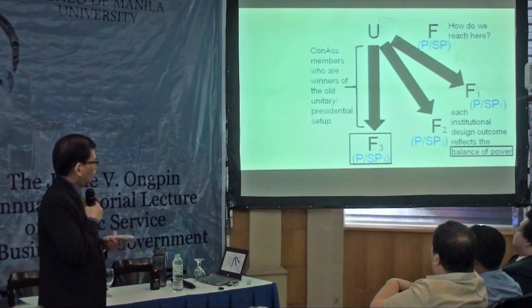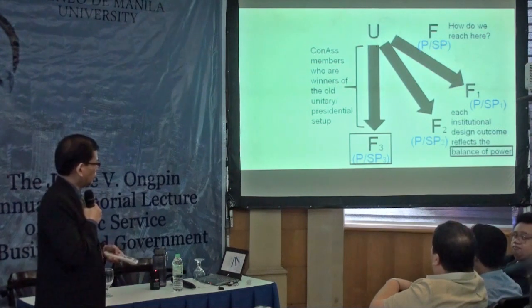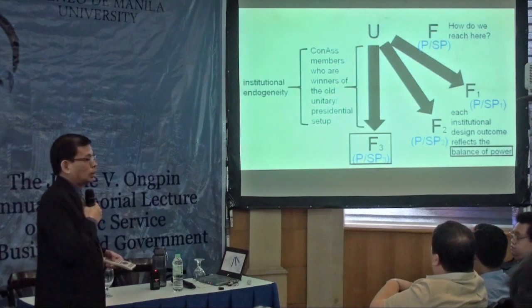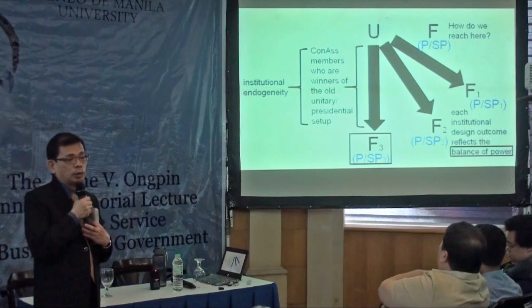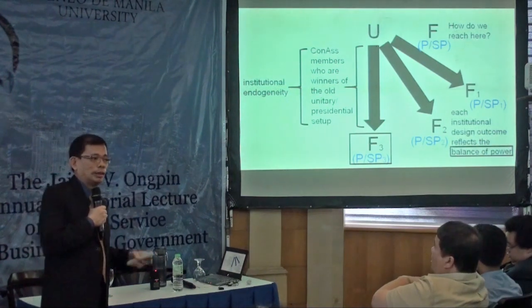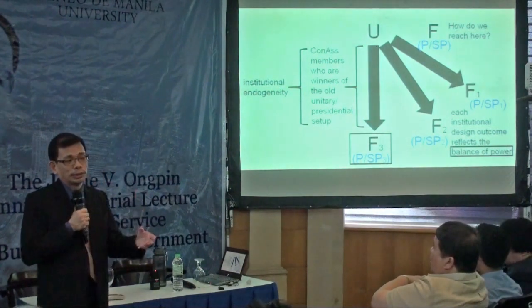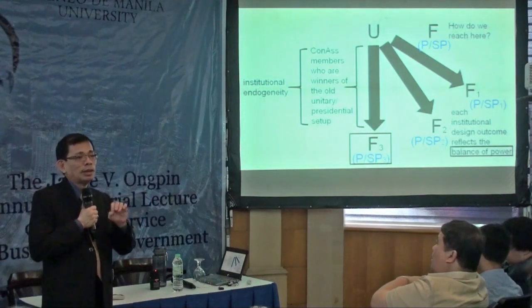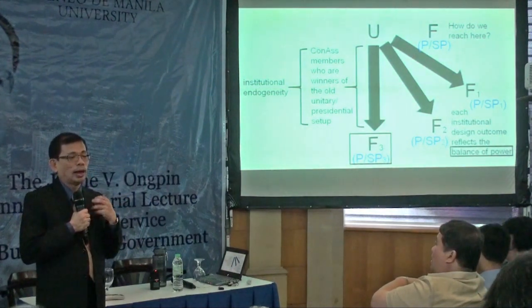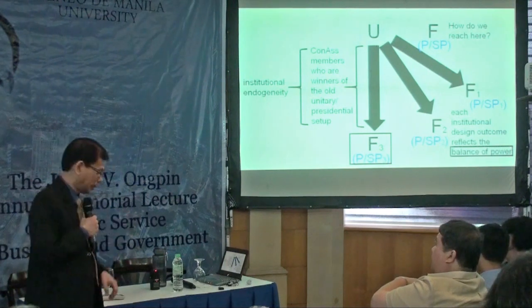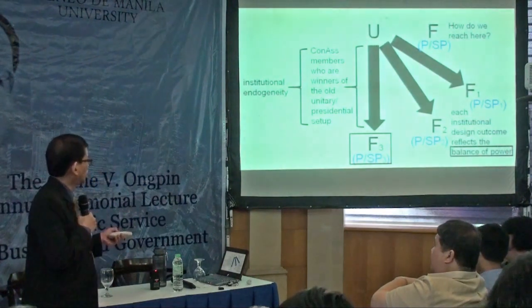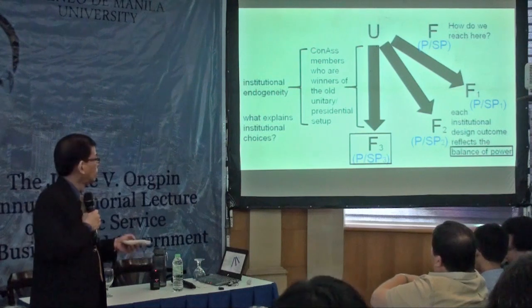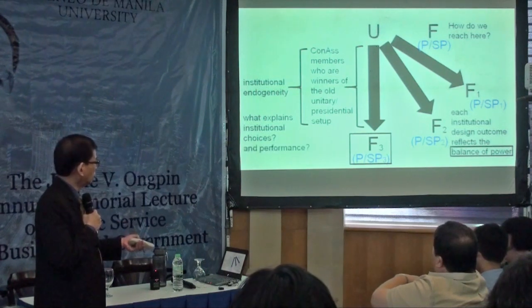These CONAS members, or winners of the old unitary presidential setup, would represent institutional endogeneity. Institutional design basically talks about the power of institutions, but it also talks about institutional endogeneity, which is about why we make these institutional choices. What explains institutional choices? Or what explains institutional performance?